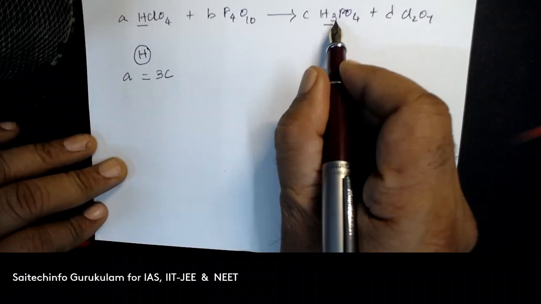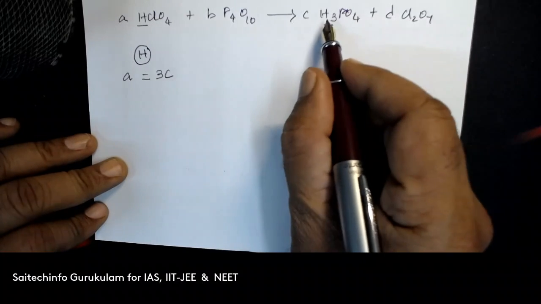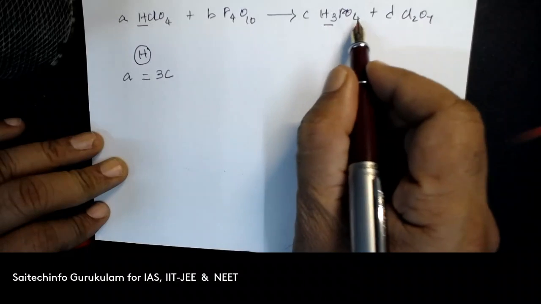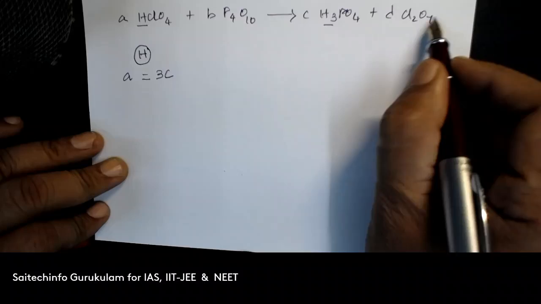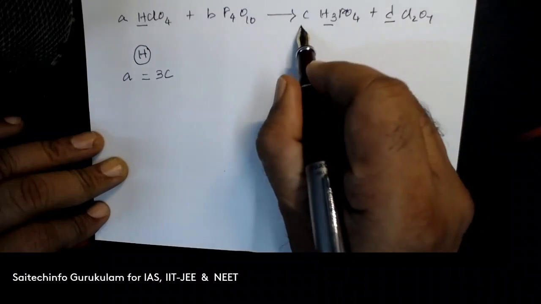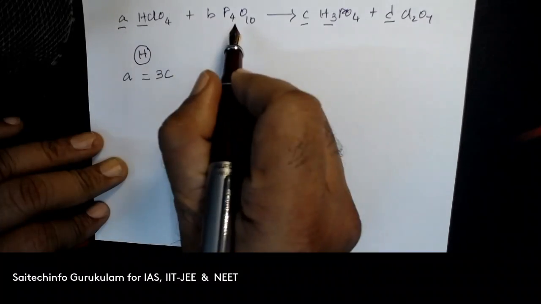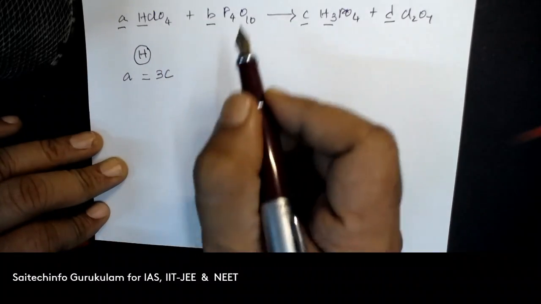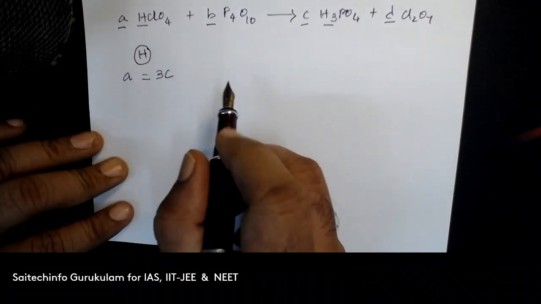This 3 represents the atomicity and C is the molar coefficient of phosphoric acid. Similarly, the molar coefficient of Cl2O7 is D, of HClO4 is A, and for phosphorus pentoxide it is B. Now we are comparing based on the elements.